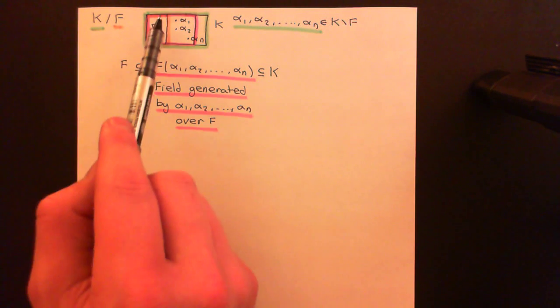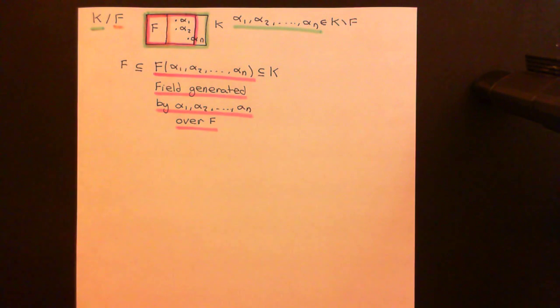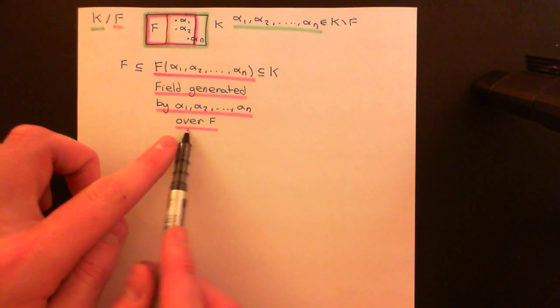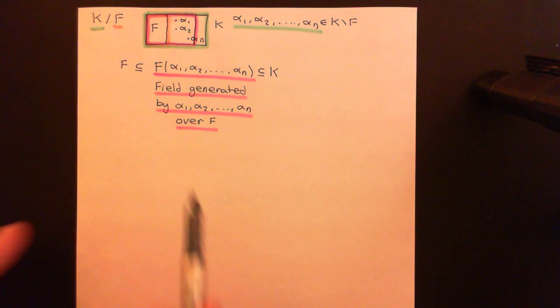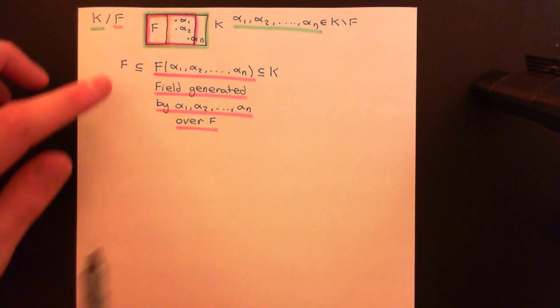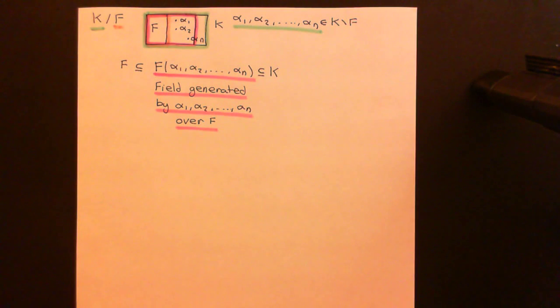It has to completely contain the smaller field capital F. That's why we put this over F here, showing that it's a field extension of the field F. And it has to contain all of these elements which previously weren't in F, these alpha 1, alpha 2, all the way up to alpha n.